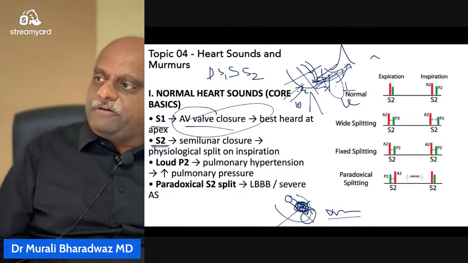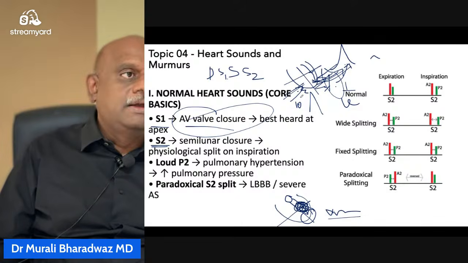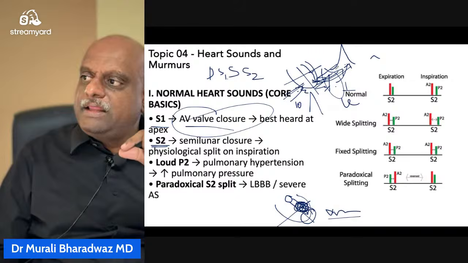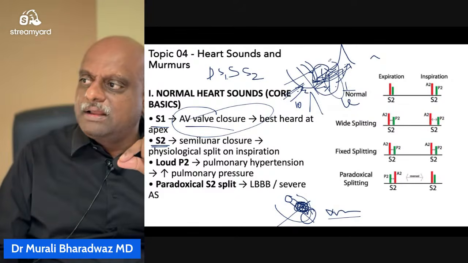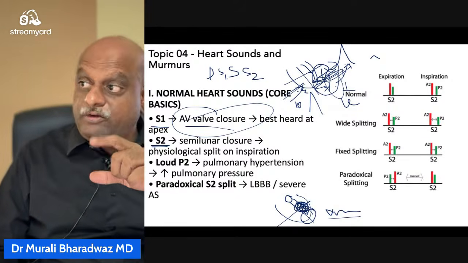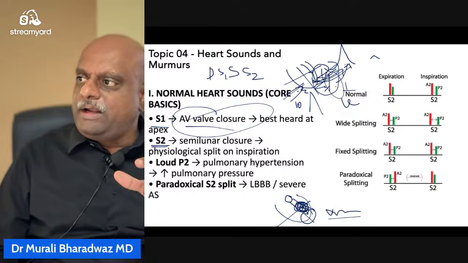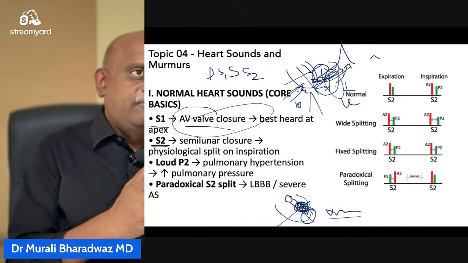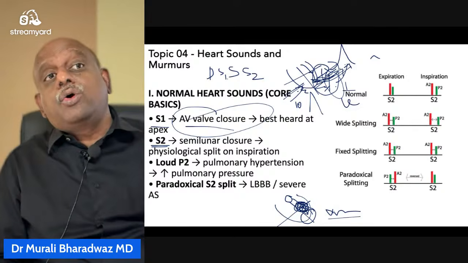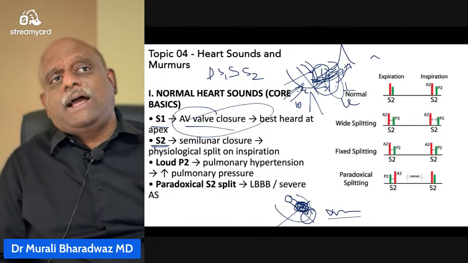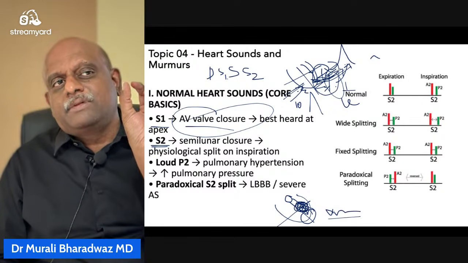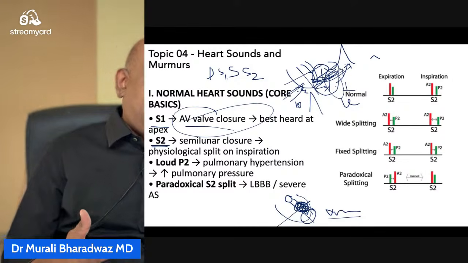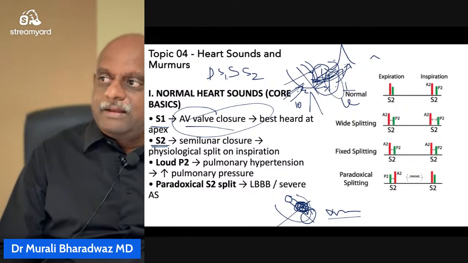Here the pressure difference is smaller, whereas here it is higher. This is 120. So the moment this got filled, it will kick the valve shut. So the aortic valve closes before the pulmonic valve by a split period of time. That is called physiological split. Got me?